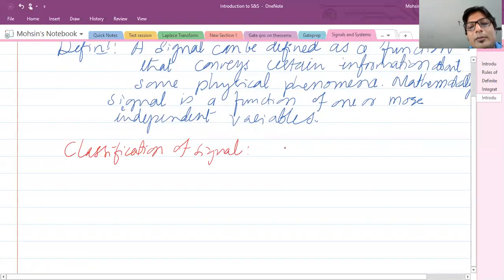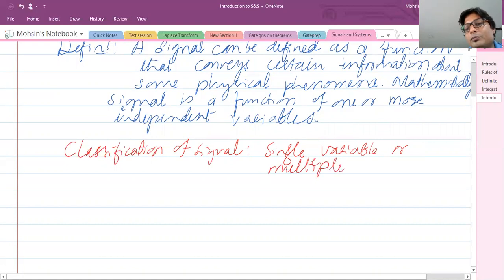So, based on a single variable or multiple variables, if the signal depends upon a single variable, in that case it will be called a one dimensional signal.